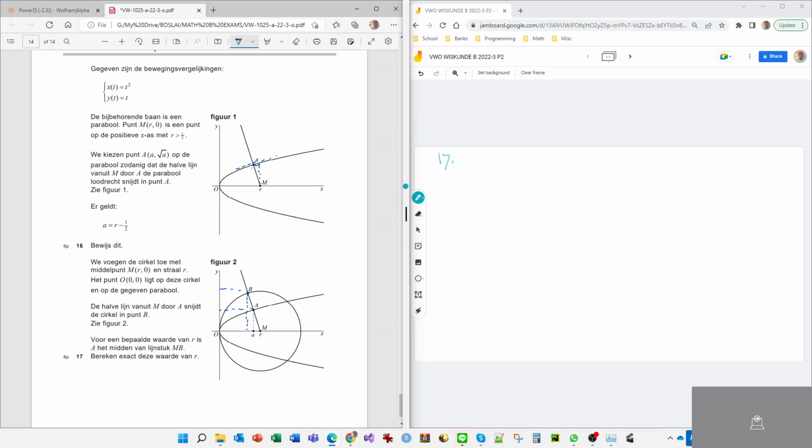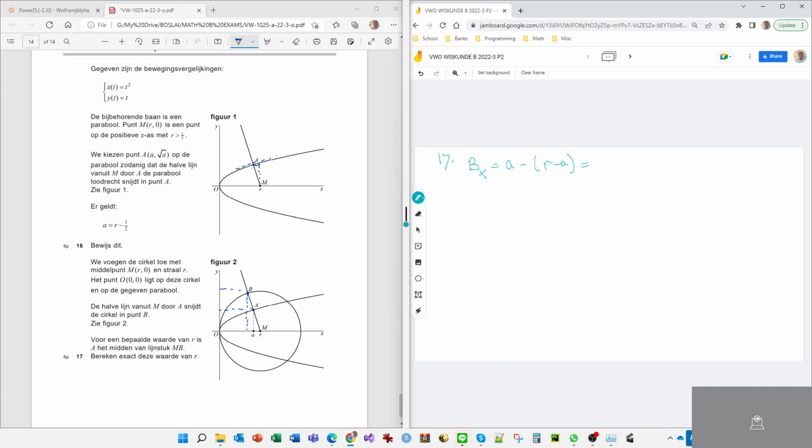So we can say that Bx is A, then minus this distance here, which is r minus a.